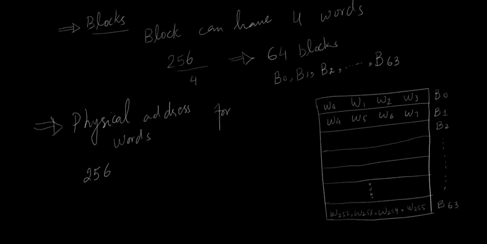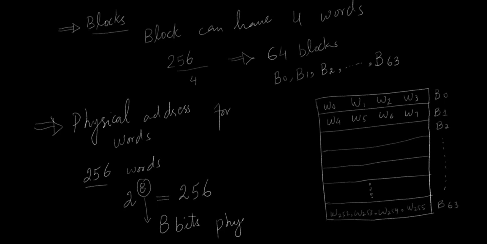We have 256 words. 256 words mean 2 raised to power 8. 2 raised to power 8 means 256, which means we are simply going to take this 8. So my physical address is going to have 8 bits. This is the physical address for the word. I'm talking about the word. So the physical address for the word is going to be 8 bits.